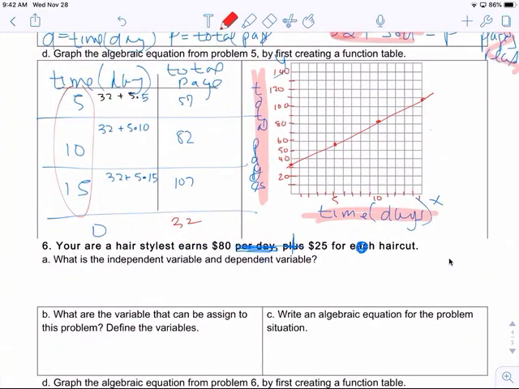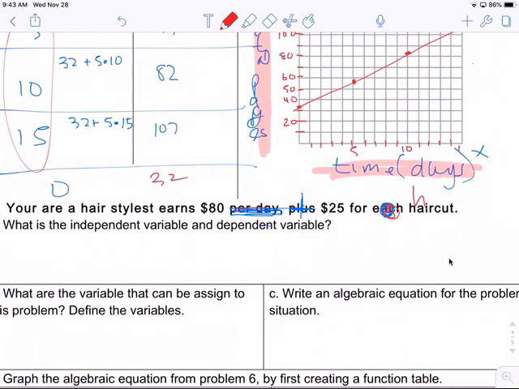Here, you are a hairstylist, earning $80 per day plus $25 for each haircut. Okay, the independent variable is the number of haircuts. All right, it's $80 you're earning a day plus $25 for each haircut. So this per means nothing because it's part of your earning each day.